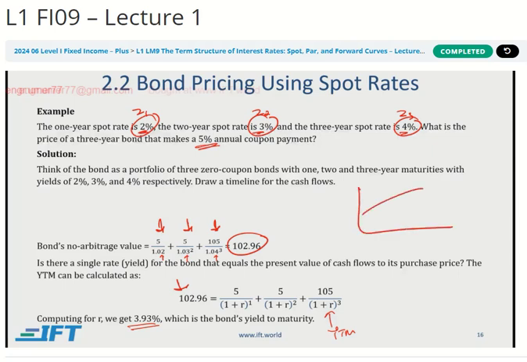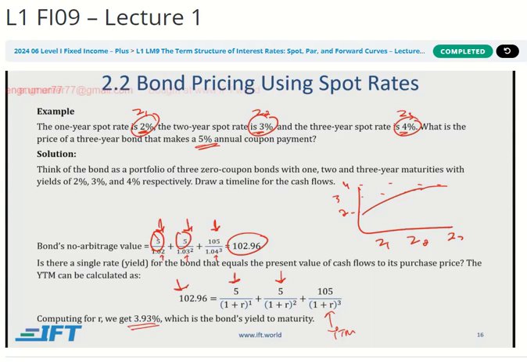So if you have your Z1 and Z2 and Z3, and it's going on from 2 to 3 to 4, right? So it's an upward sloping yield curve, and a coupon that pays a higher rate will obviously have a different present value because the rates are different for each of those years. So what we need to appreciate is that if you take a single YTM, it doesn't really capture the separate rate of each year, and some bonds could have higher coupons, so their initial year cash flows could be higher.